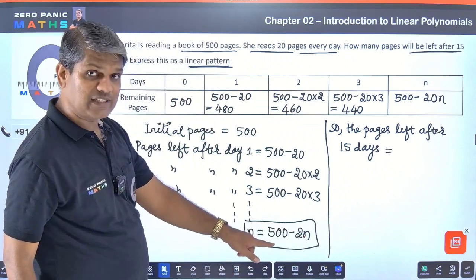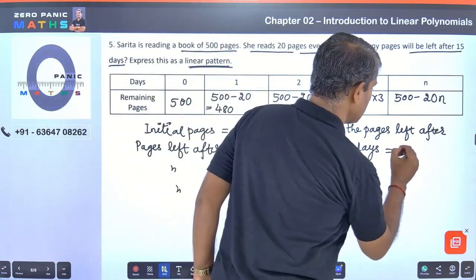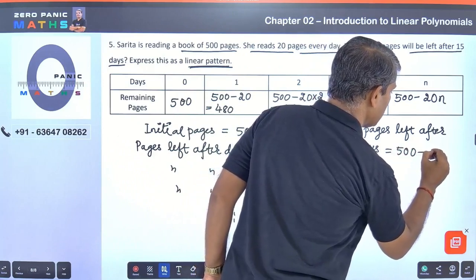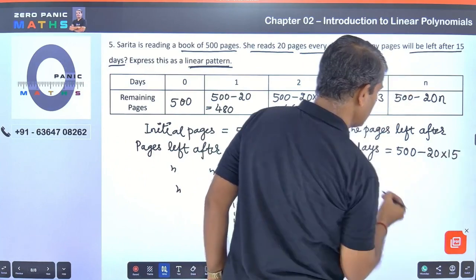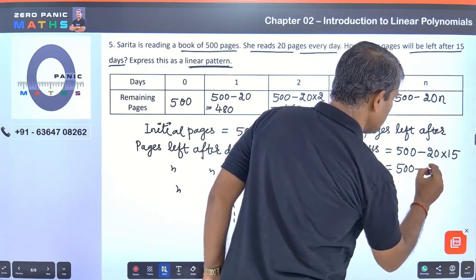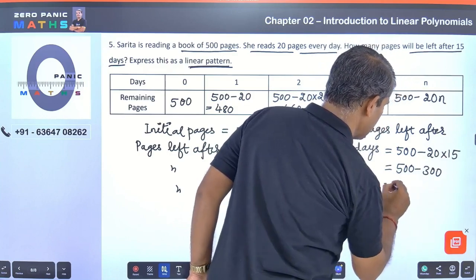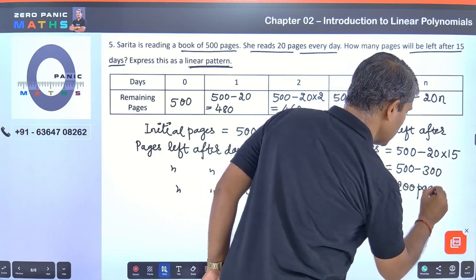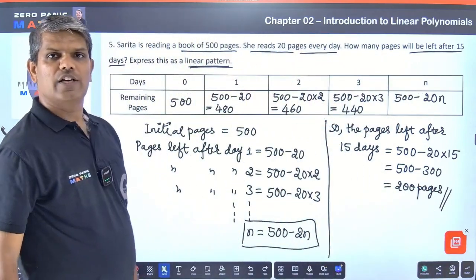You have to write this as an expression, remember that. So it is 500 as the initial pages and 20 pages every day, and after 15 days how many pages will she be left with? That is 500 minus 20 into 15, that is 300, and it is 200 pages that she will be left with after 15 days. Understood?